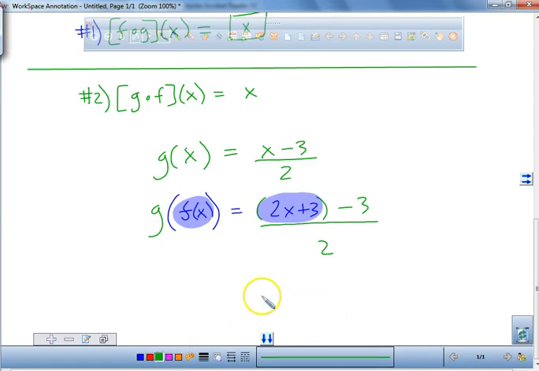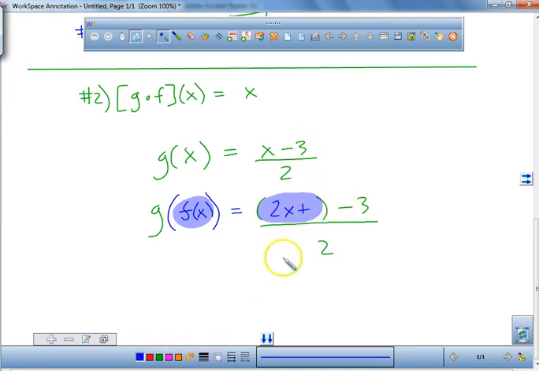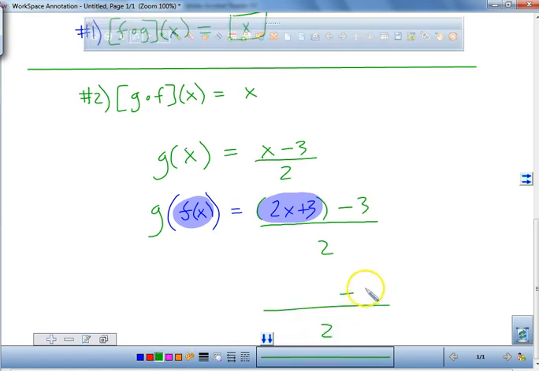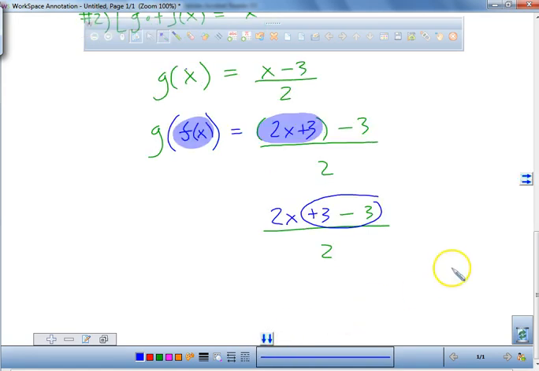Let's see what we have here in the numerator. Got a 2, got a minus 3, and here we have a 2x plus a 3. What's going to happen to those guys right there? They cancel out. So now you have 2x over 2.